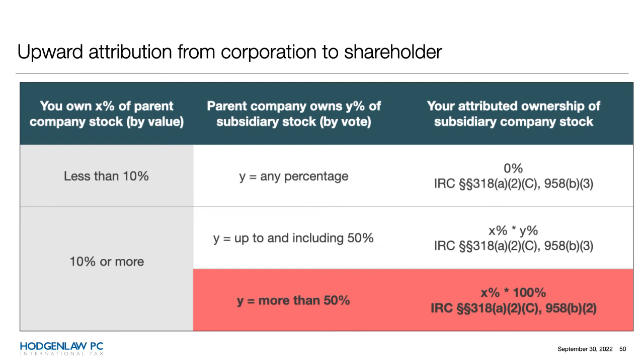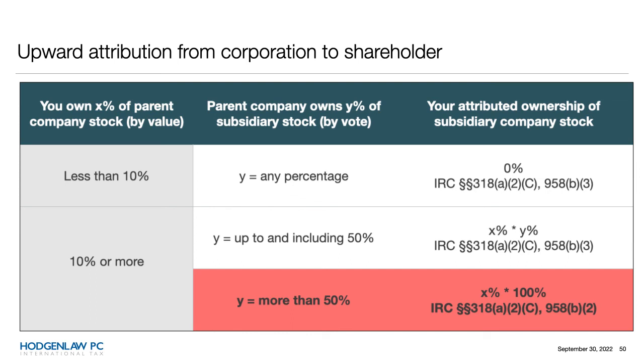So the top row below the heading, you own less than 10% of parent company, and parent company owns Y% of subsidiary. Your attributed ownership of the subsidiary company stock is 0 because you're below the 10% ownership of parent company. So even if parent company owned 100% of subsidiary, you would not be attributed any indirect ownership of subsidiary company stock.